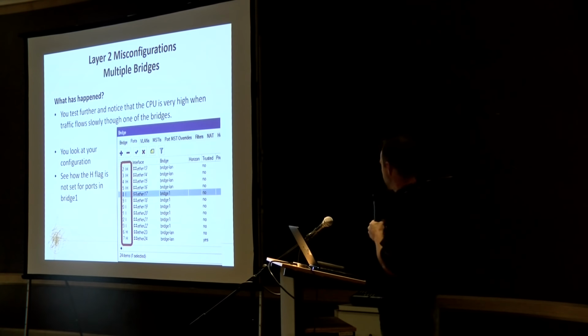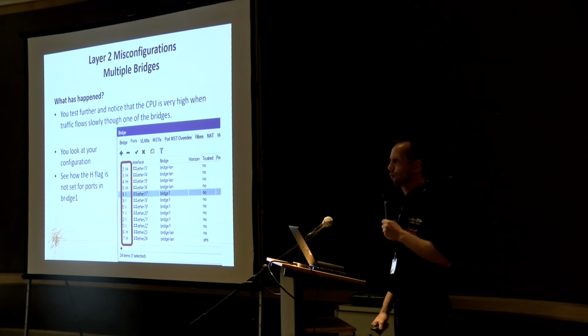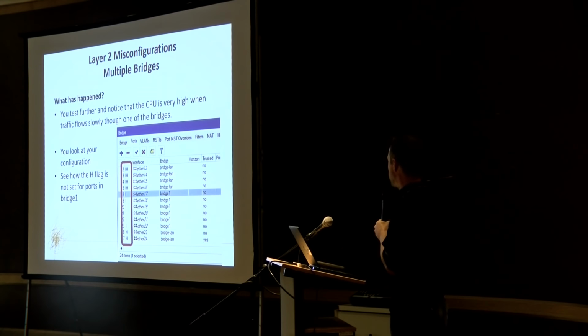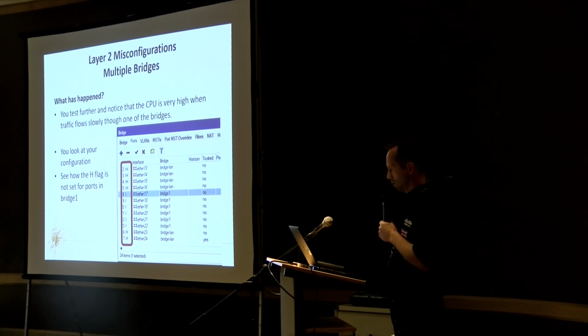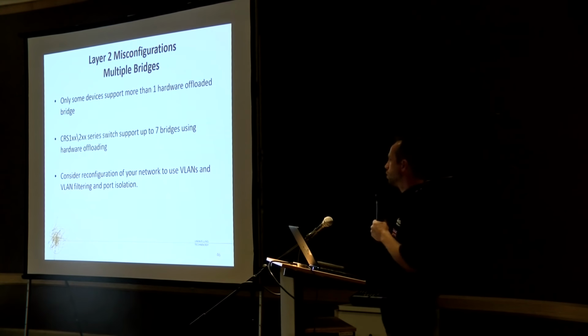And if you look closely, and you can probably spot based on what I've talked about earlier, we now see that those second bridge ports have no H flag. The 300 series switch only supports one bridge using hardware offloading and that switch chip.